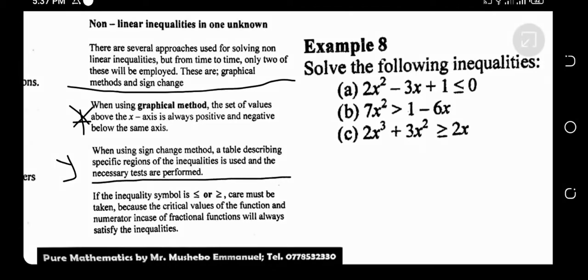So here we are going to see we use the table, but within that table we use the sign change method to come up with the correct range of values of what? Of x. So we shall be testing like the way you tested for inequalities at O level, like shading the wanted and the unwanted regions. So here we shall be again testing like that.